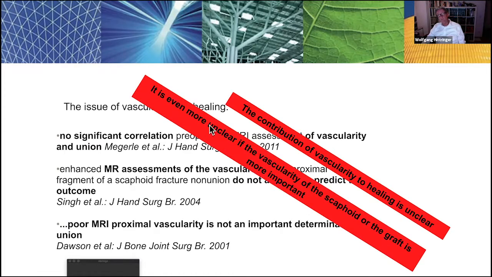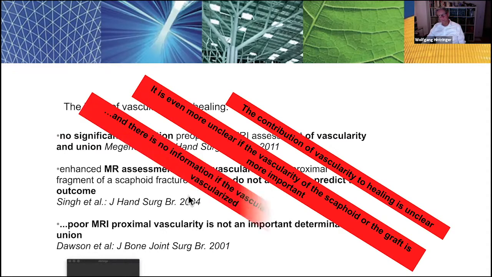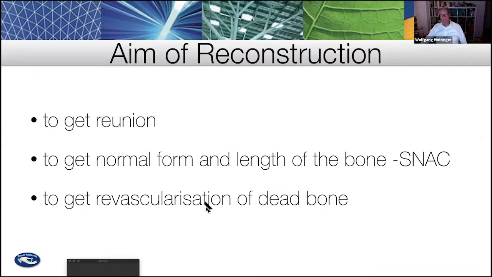And it is even more unclear if the vascularity of the scaphoid or the graft is more important. And there is no information if the vascularized graft remains vascularized. We have a lot of vascularized bone grafts where we don't know if they are after 1 month or even after some days still vascularized.